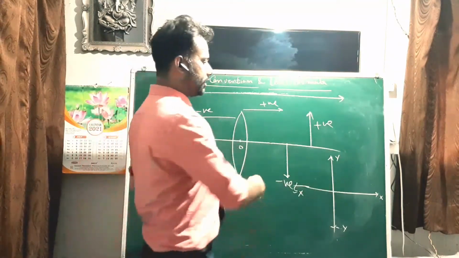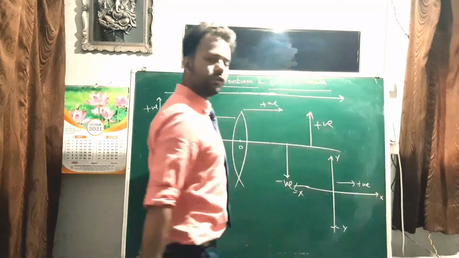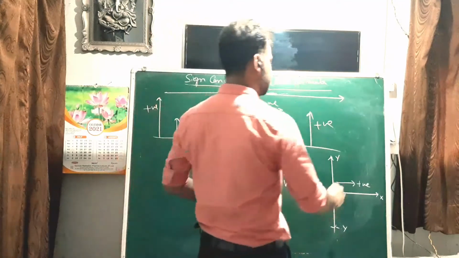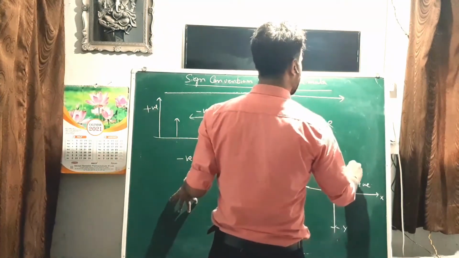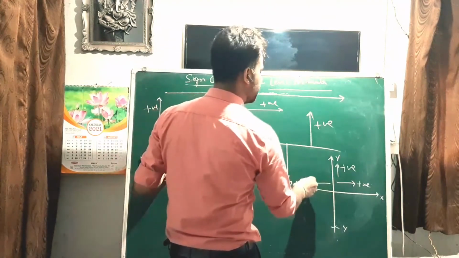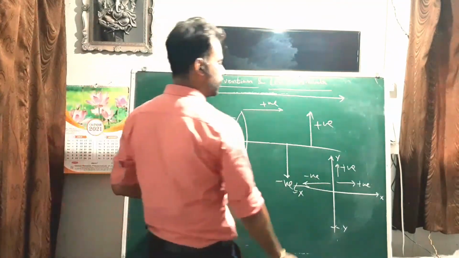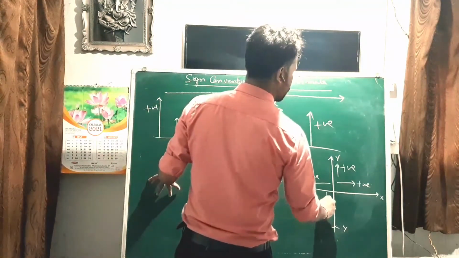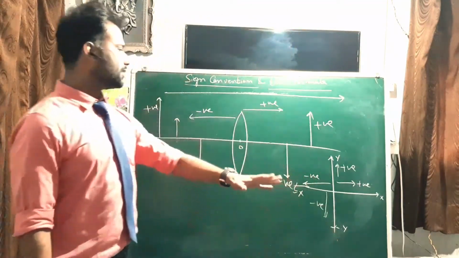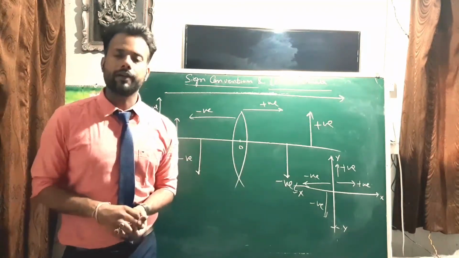If you go in this direction, x will be positive. If you go up, y will be positive. If you go to the left, x will be negative, and if you go downwards, y will be negative. It's just the same thing we use in graph paper, right?